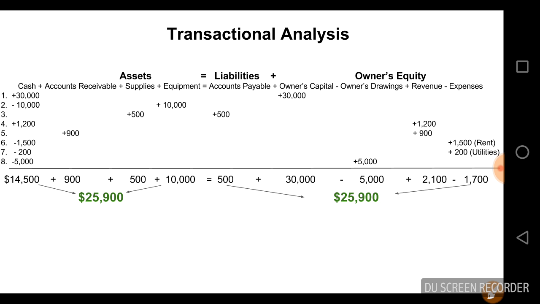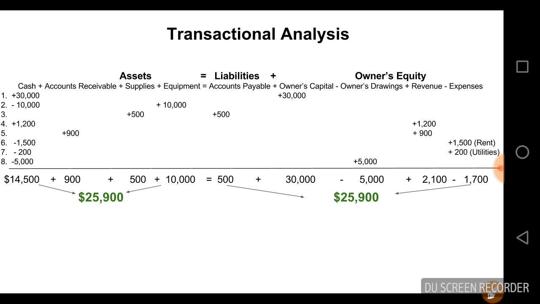The fifth transaction, the owner performed $900 in services to customers on account, on credit. This means that the services have been performed, and they were performed on credit.